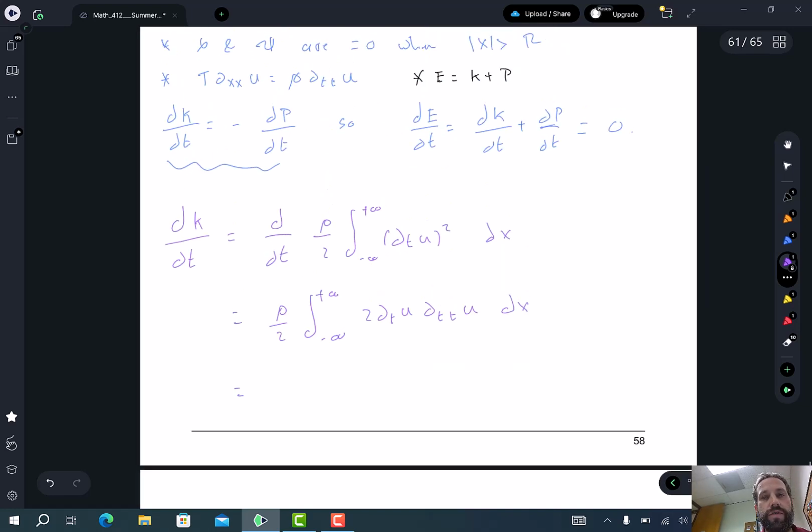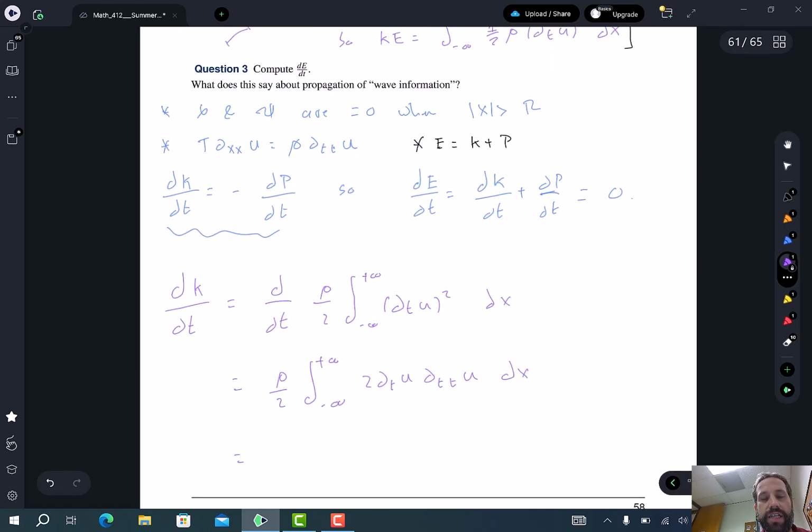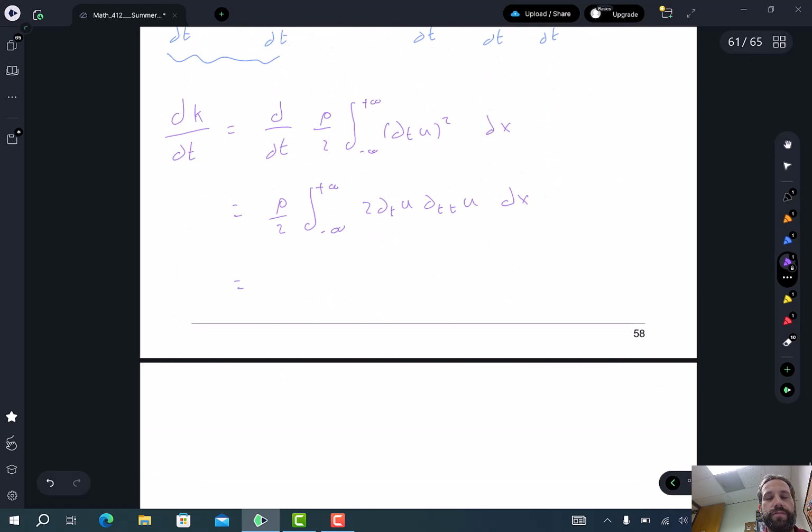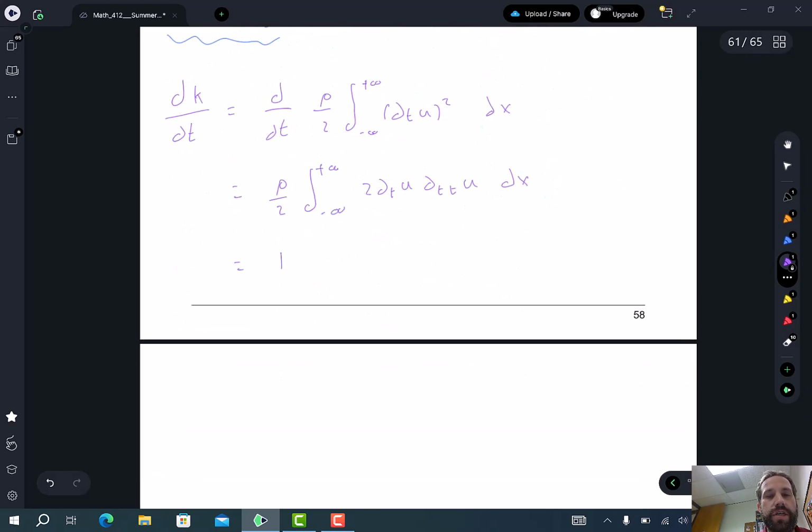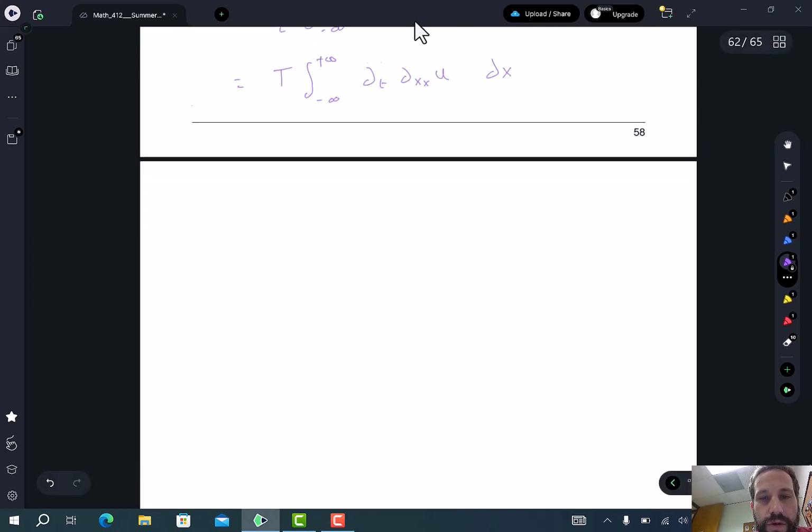Now I'm going to use the fact that this satisfies a differential equation. So rho times the double t derivative is equal to T times the double x derivative. So this is going to be equal to T times the integral from minus infinity to positive infinity of the t derivative, and then the double x derivative of u dx. And there's a u, whoops.